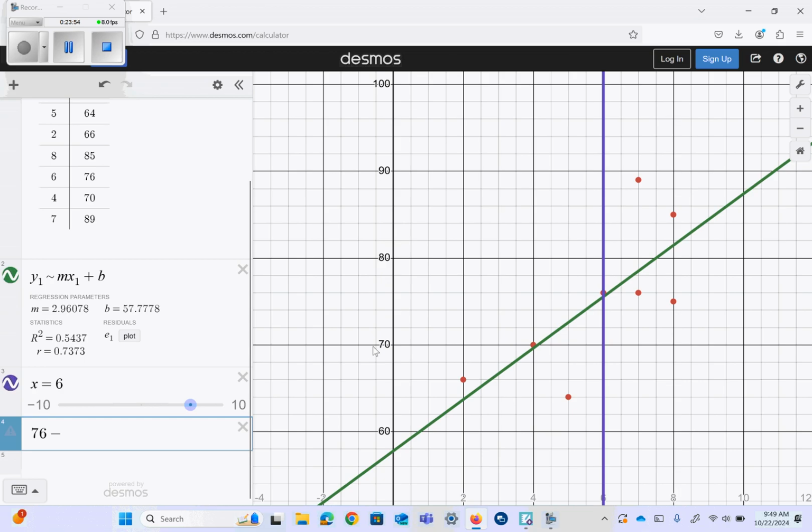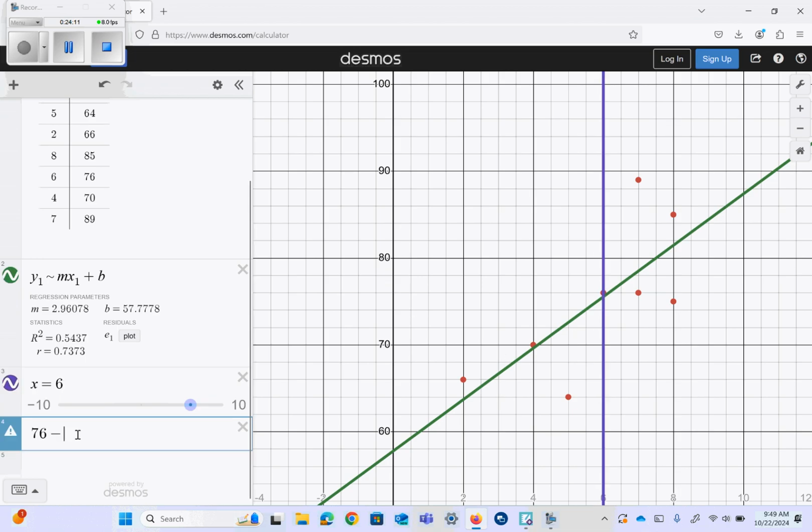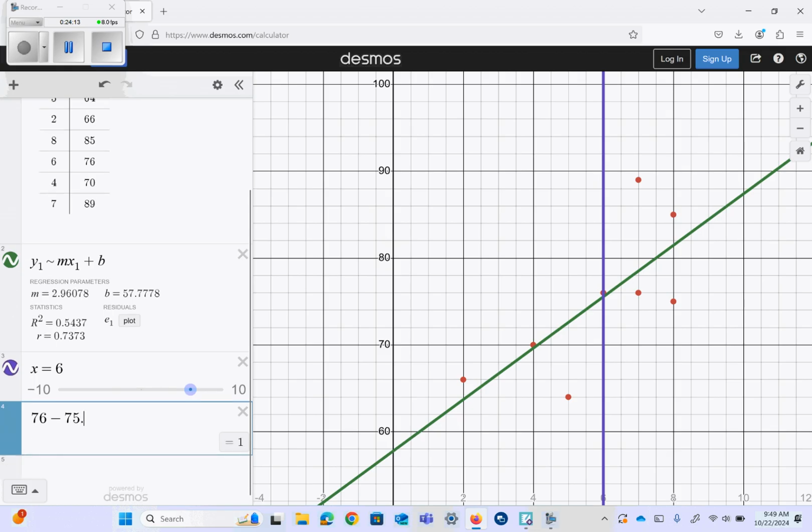My predicted was where these two crossed each other, 75.54. Oops, I did it again. 75.54, go down here. 75.54. So 0.46. It's barely above. It's positive because it's above our line of best fit, which is good.